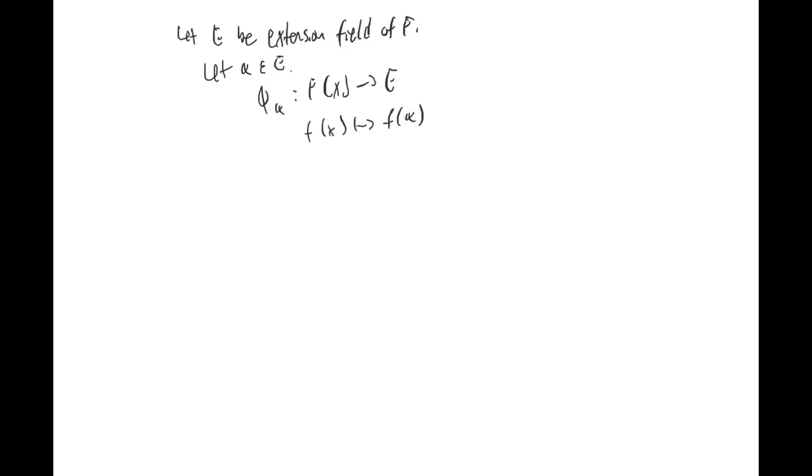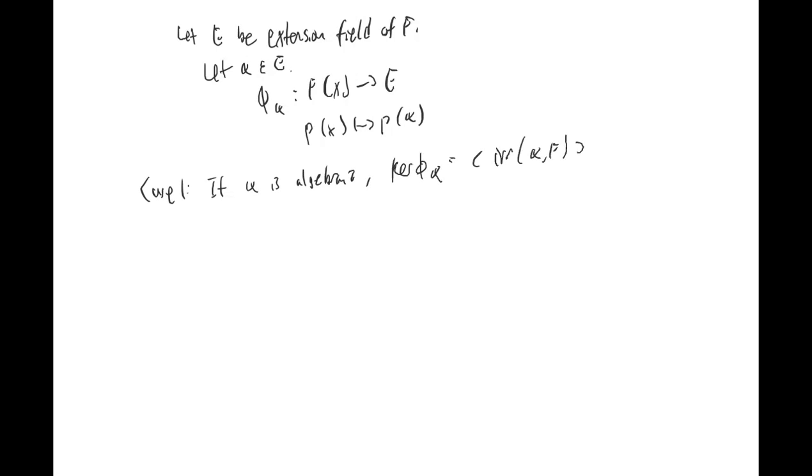Or maybe let's not use F, let's use P. Yeah, so case one, if alpha is algebraic, then we proved that the kernel of phi alpha is generated by that unique irreducible polynomial, right?